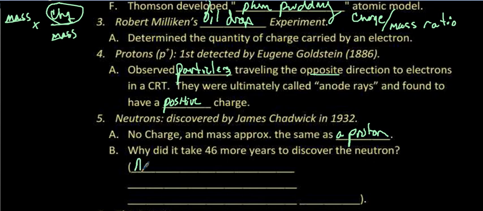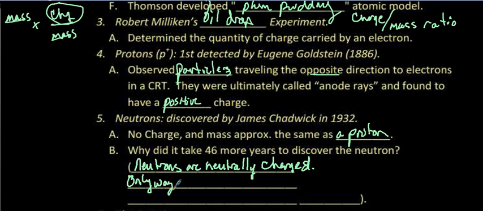Because neutrons are neutrally charged, and so the only way to detect them was by the difference in their mass.